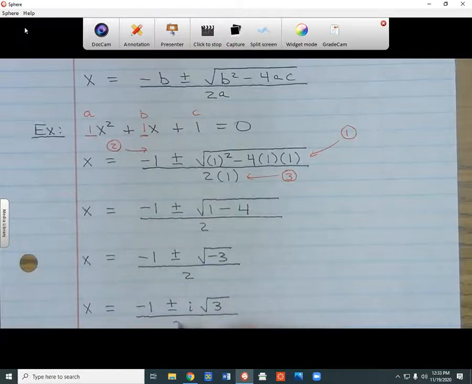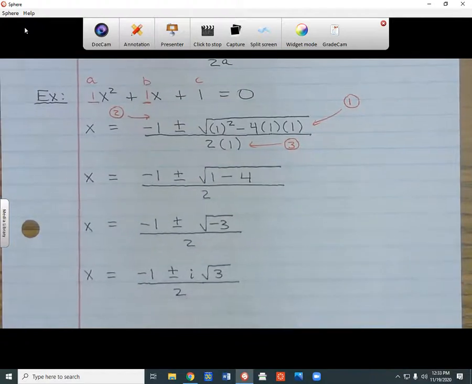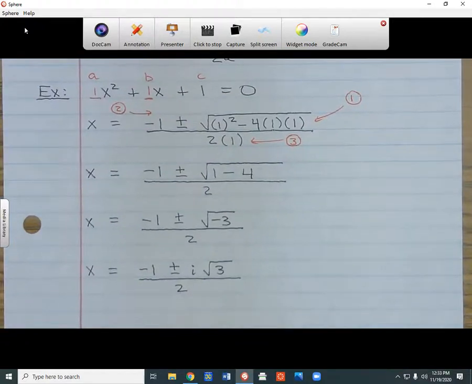So now I have an expression where I can't combine these, and I can't really divide by 2, so I just leave this the way it is. My two answers are going to rely on the plus or minus in the middle. I could have that be a plus, or I could have that be a minus.